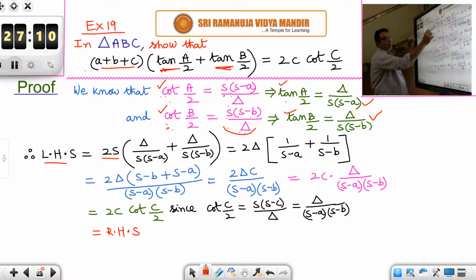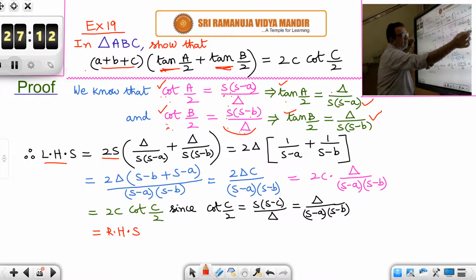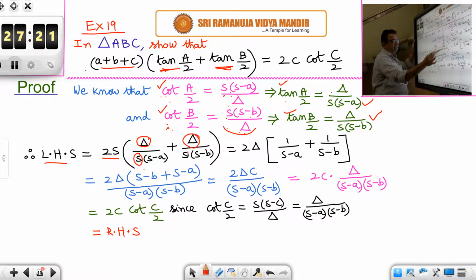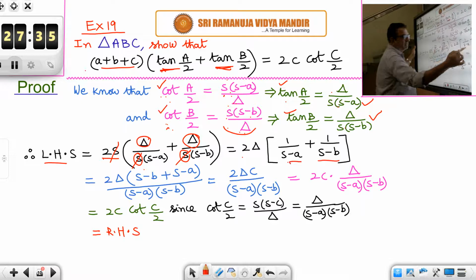And tan A by 2 and tan B by 2, I am using this formula. Then delta by S I can take common, delta and S by S I can take common. Then S gets cancelled with an S inside. Only delta will come outside, 2 delta. Remaining quantities remain in the bracket: 1 by S minus A plus 1 by S minus B. So 2 delta outside. Okay.